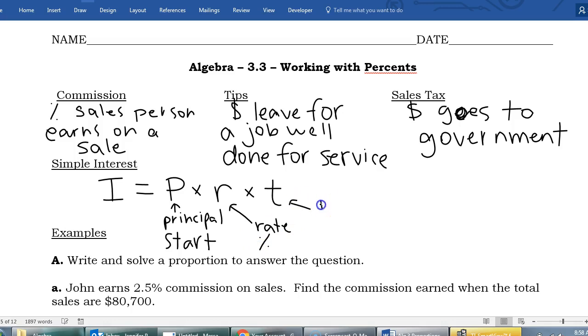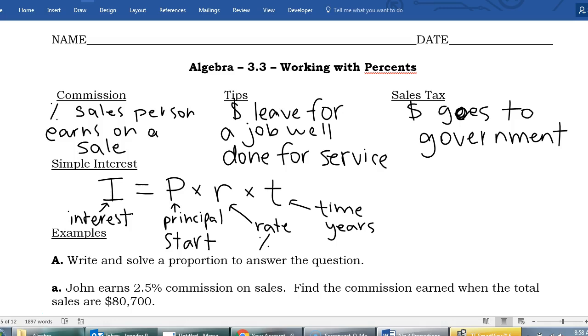And then T stands for time. And that can be given in any unit, but we want to report that in years in the formula. And then the I stands for interest. Both interest and principal are dollar amounts, but usually the interest is going to be the smaller dollar amount and the principal is going to be the larger dollar amount.